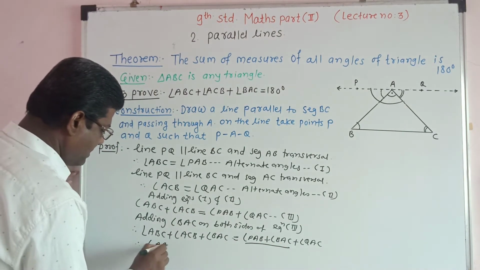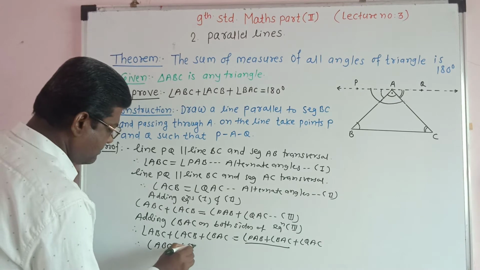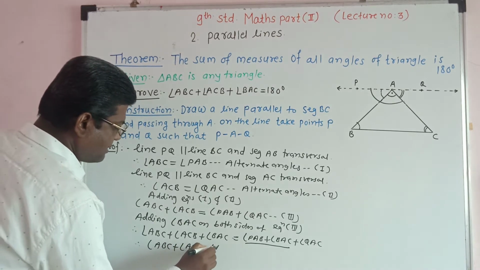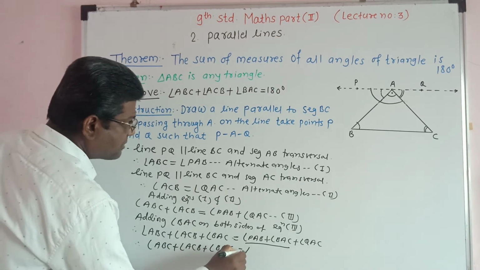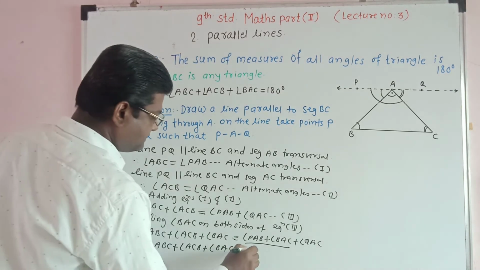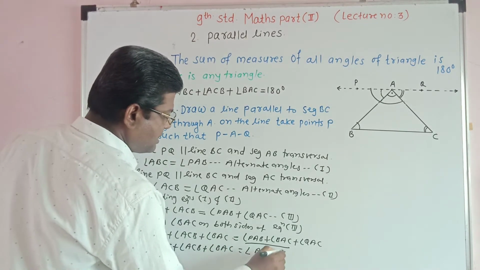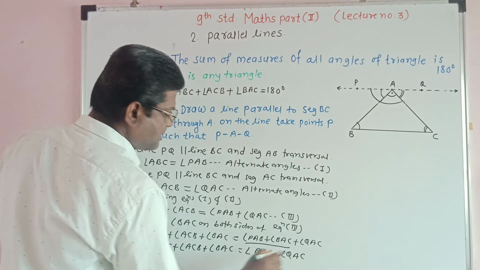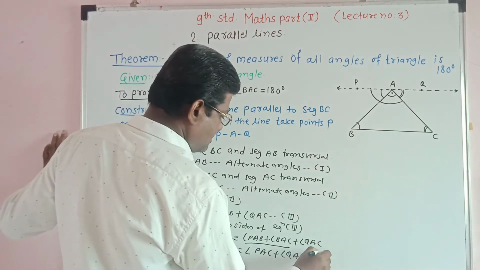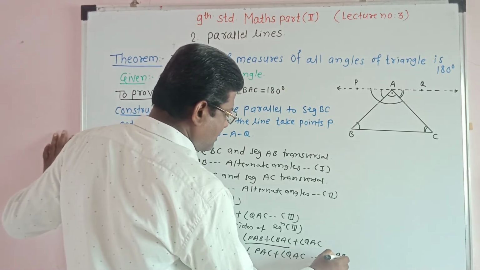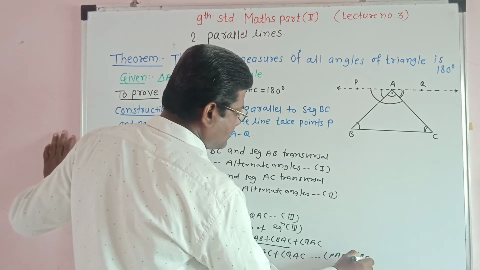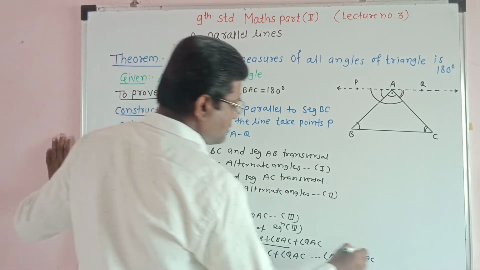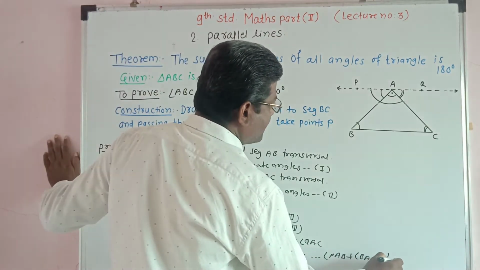Therefore angle ABC plus angle ACB plus angle BAC is equal to angle PAC plus angle QAC. And the reason is angle PAB plus angle BAC is equal to angle PAC.